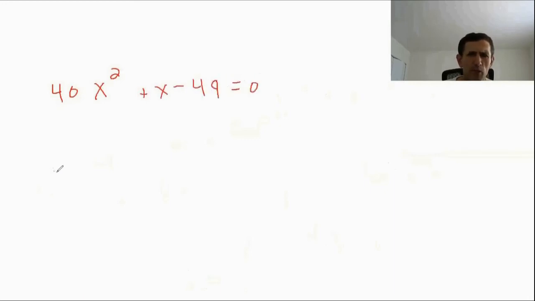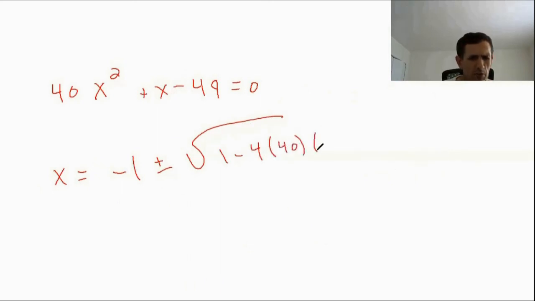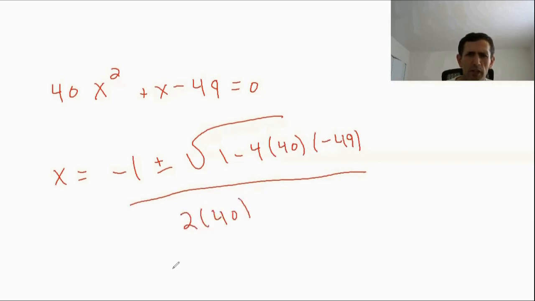So if you haven't used the quadratic formula in a while, definitely get used to it for exam FM. So it's negative b plus or minus the square root of b squared minus 4ac. b is 1, a is 40, c is minus 49, over 2a, 2 times 40.